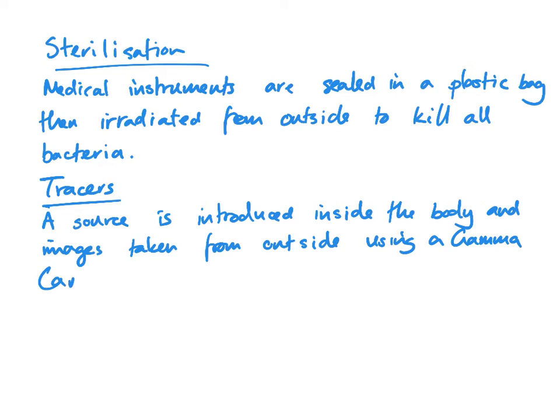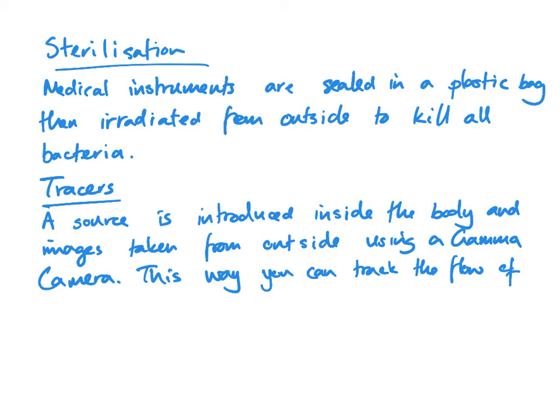So it picks up gamma radiation. Obviously they've got to be gamma emitters. And that way you can track the flow of the source inside the body. For example, it could have been injected into the blood.